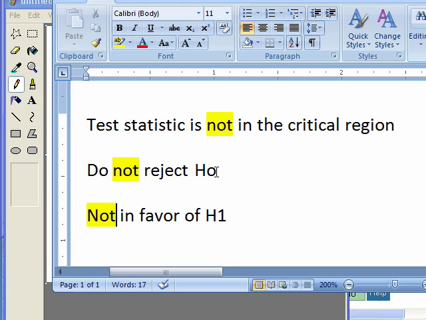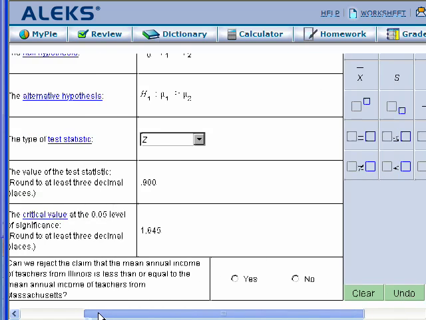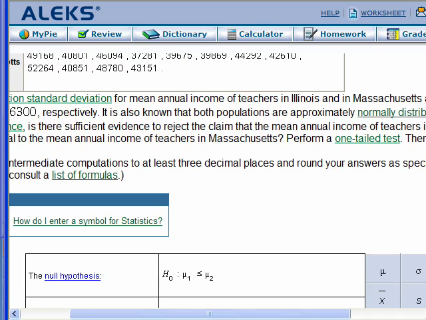I do believe if we look back at the problem in English, we'll see which way we should answer the question. It says here, can we reject the claim? Our decision was do not reject H naught. Since the claim is H naught, you said, Donna, how do you know the claim is H naught? Less than or equal is the claim, and that is H naught.